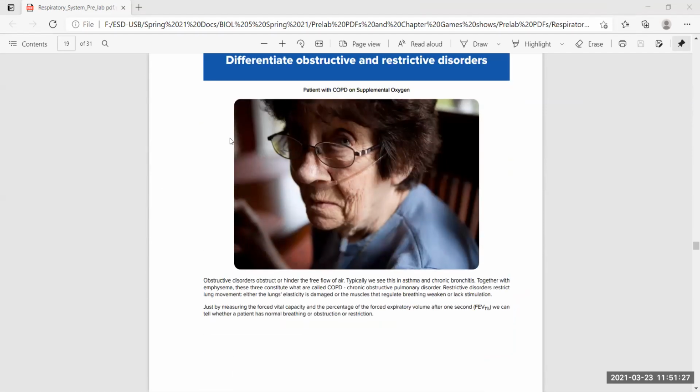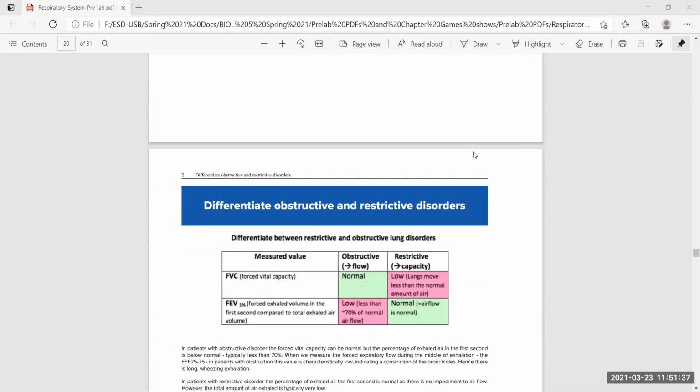So what differentiates between obstructive and restrictive disorder is FEV1 and the volume. Obstructive disorder has reduced flow, whereas restrictive disorder has reduced capacity.